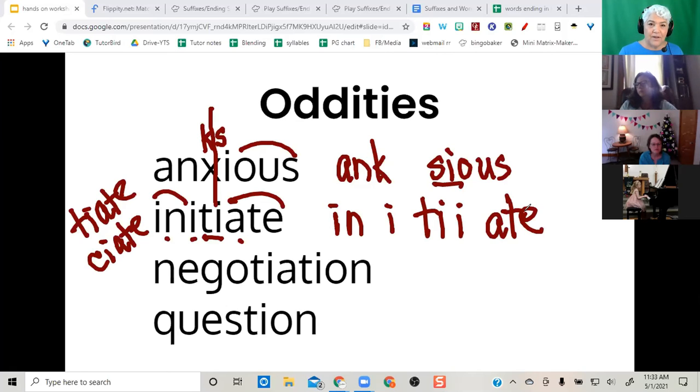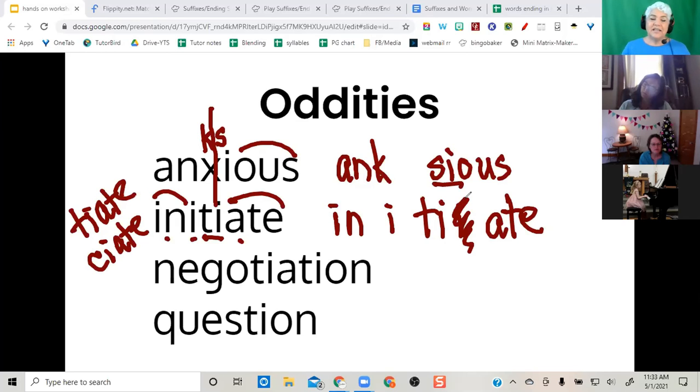We have an orthographic rule that we're not allowed to have two I's together. So we get rid of this I. So the sounds are inishi. The I is saying E. I often says E in front of a vowel. The T is saying sh all by itself.